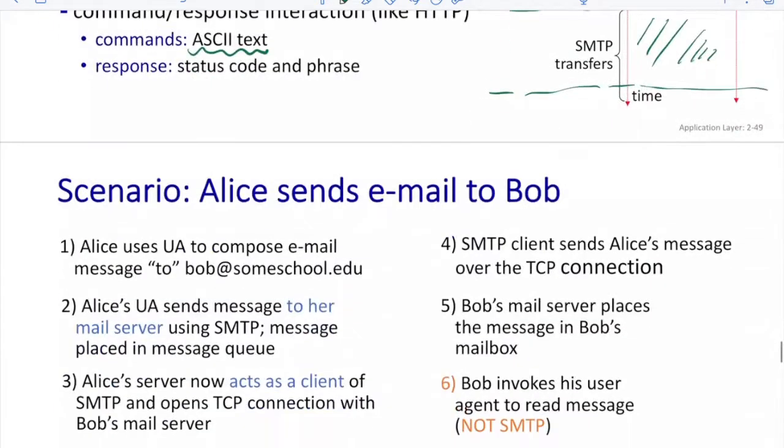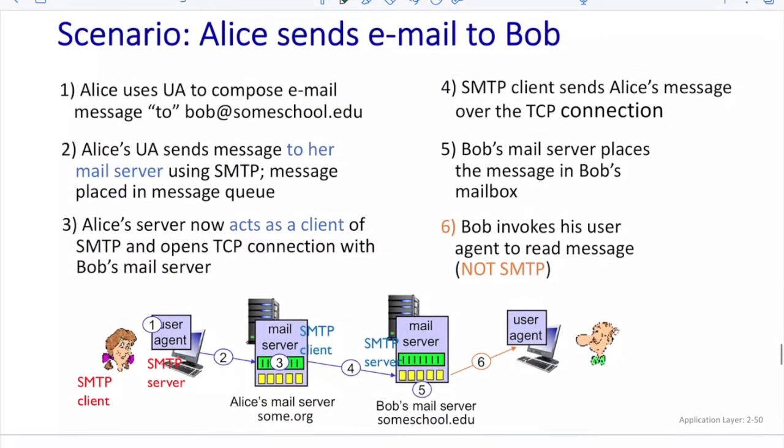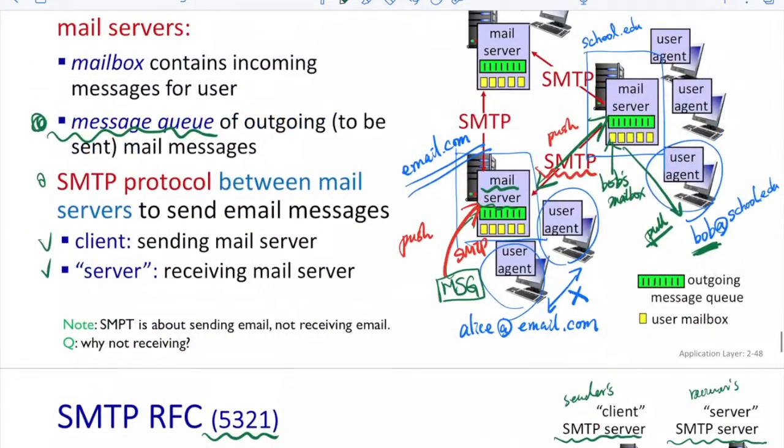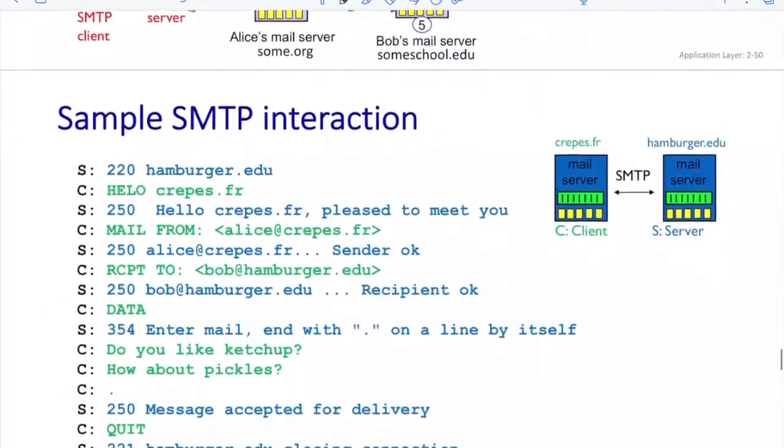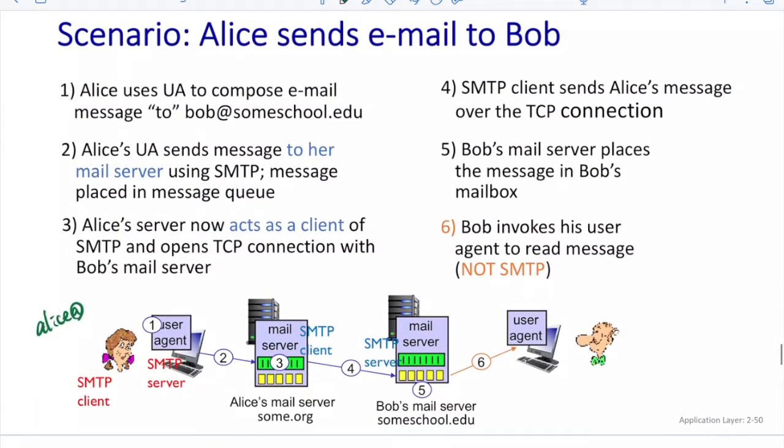So again, we have 6 steps right here. That is Alice, for example, at some school. Alice at email.com.